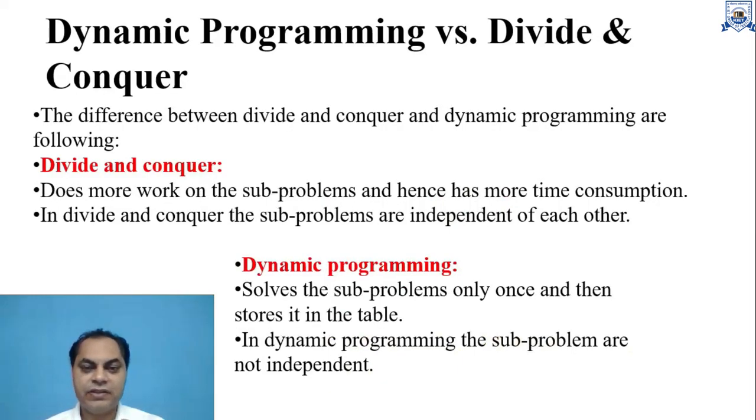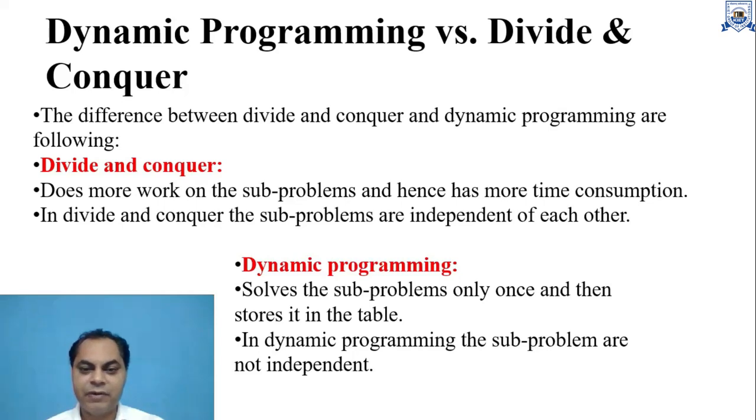Now let's discuss the difference between dynamic programming and the divide and conquer approach. Divide and conquer works when subproblems are independent and we solve the same size of problems again and again.